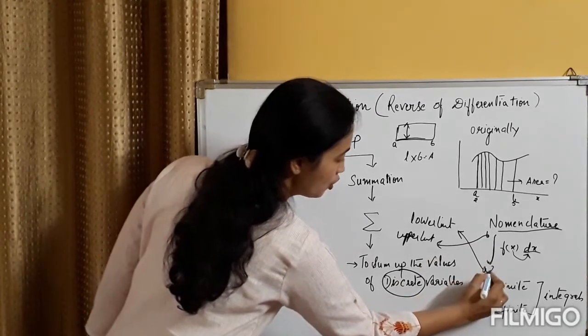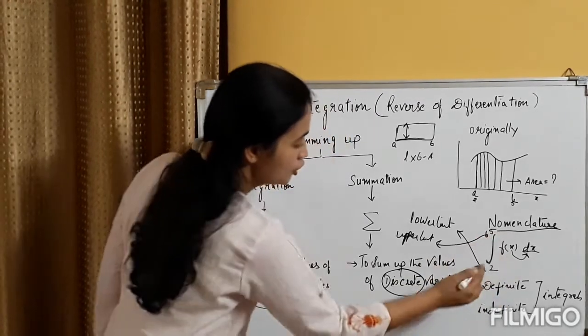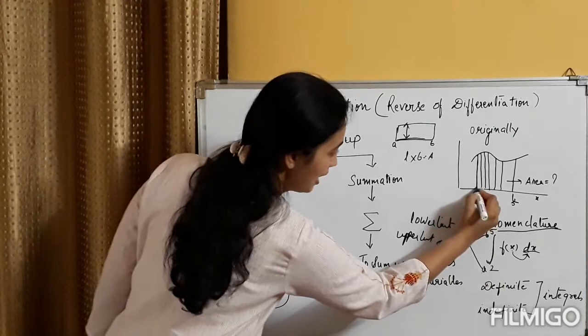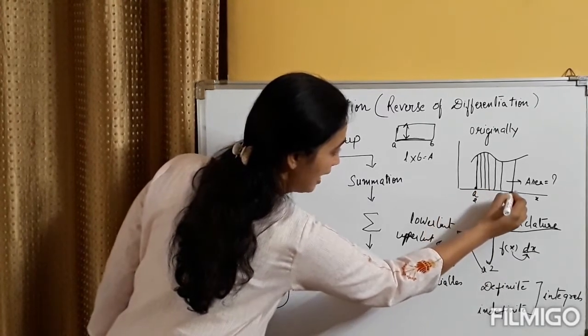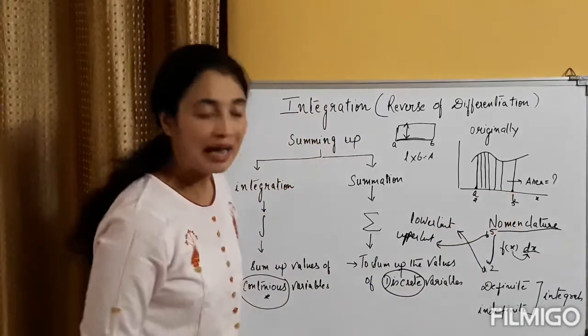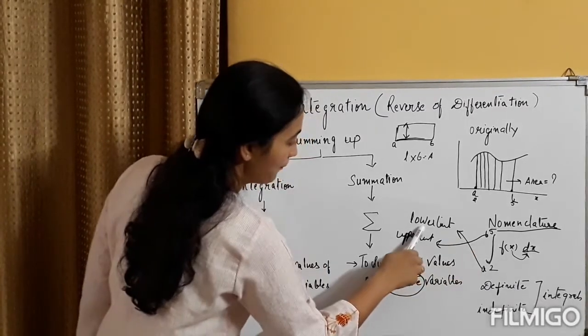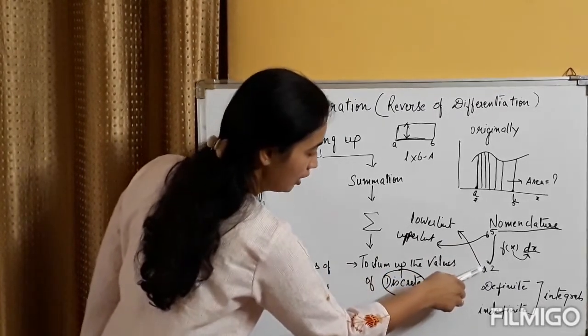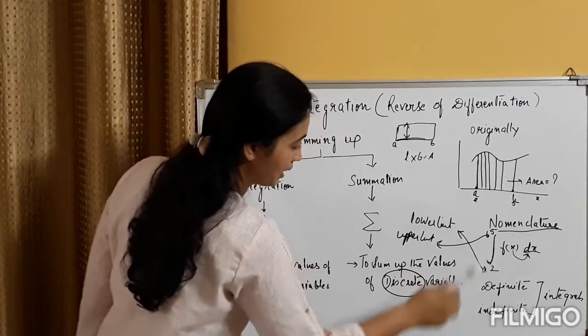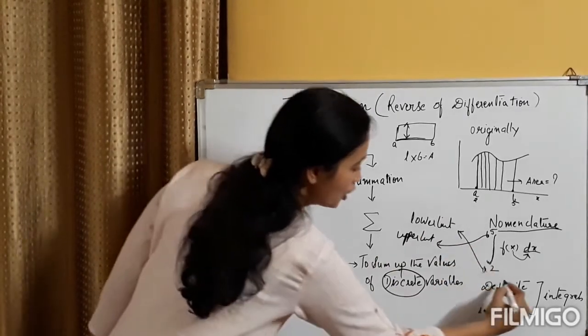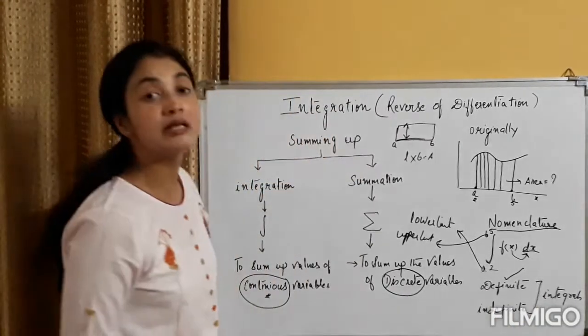Lower limit is 2, upper limit is 5. So the lower limit means from where the integration is starting and where it is going to end. When you use the limits, lower one is called lower limit, upper one is called upper limit, and you call it a definite integral.